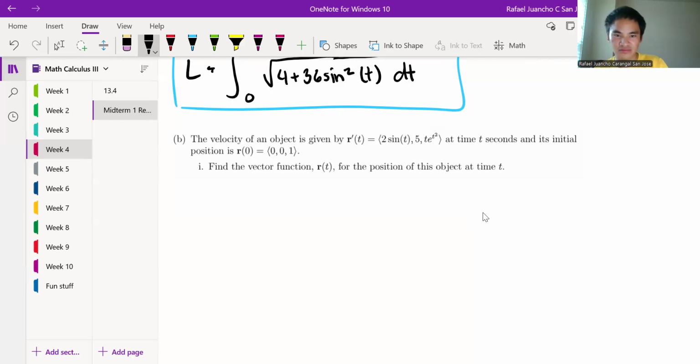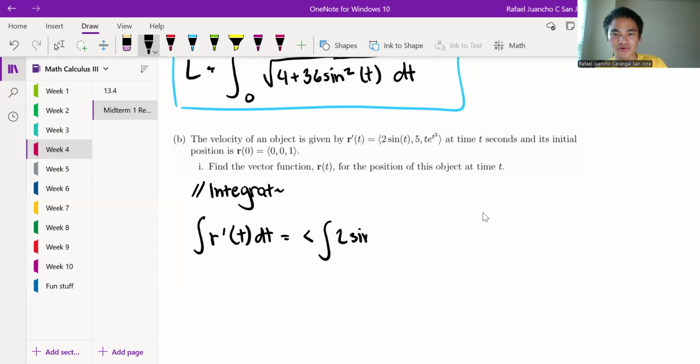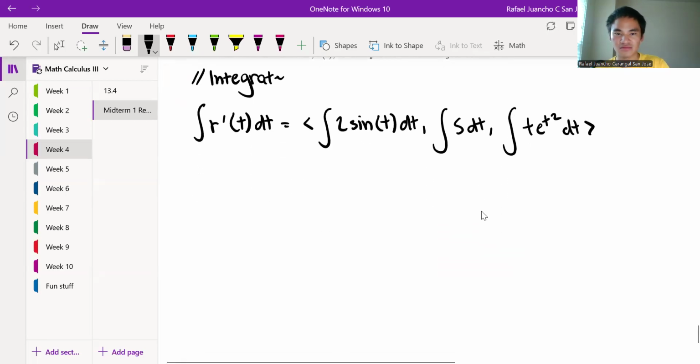So here really, the first thing we think of is integrate, right? So here we're going to immediately integrate. We're going to integrate r prime of t, and then we're also going to integrate its component functions dt, 5 dt, t to the power of t squared dt. Okay, cool. Let's integrate them one by one.